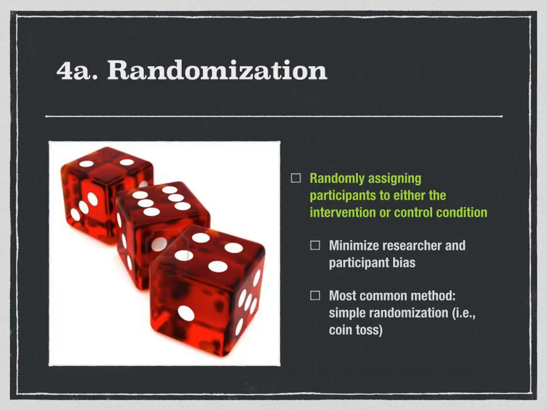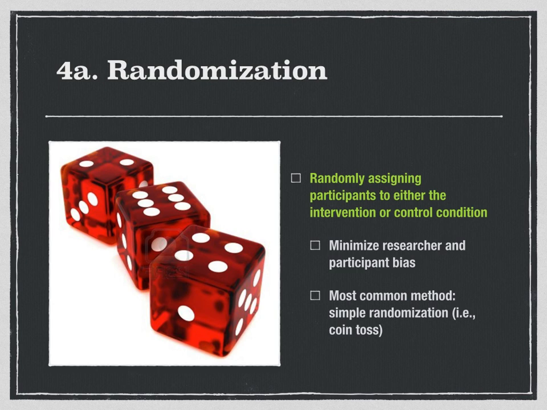Next, we'll talk about randomization and blinding. Randomization refers to the process of randomly assigning participants to either the intervention or the control group. The reason for randomization is to minimize researcher or participant bias. For example, if you created what you believe is the best new therapy for hypertension and you cannot wait to prove this, you may be biased to assign the most enthusiastic participants to the intervention group and the participants that are least hopeful to the control group.